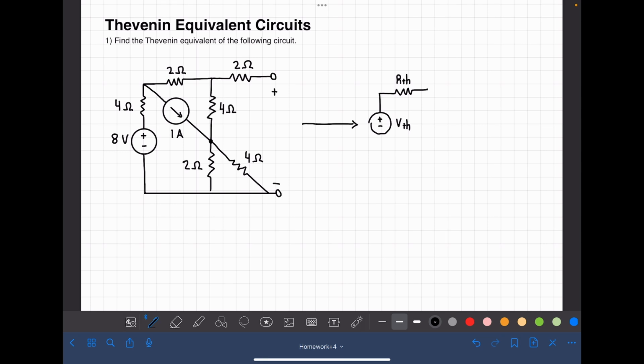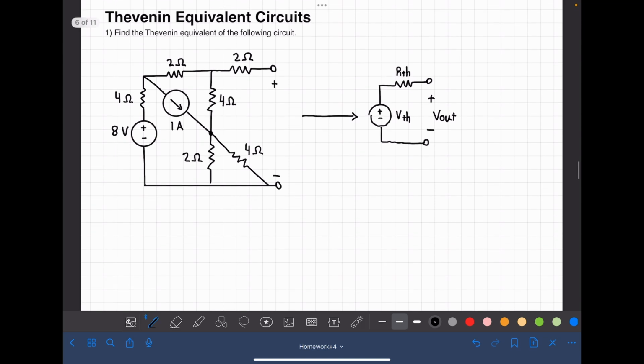And of course you have these two output terminals with your output voltage there. From an outside perspective, whatever you connect to these outside terminals will behave the same as if you connected it to the original circuit. We can do that because all the components we're dealing with here are linear.